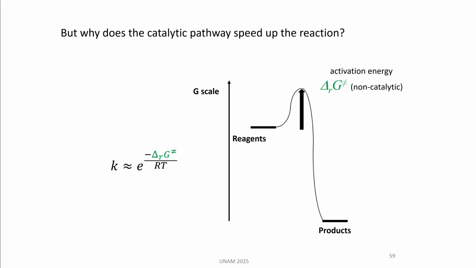That simply means the higher the activation barrier, the slower the reaction goes. And now, why does the catalyst work? Simply because it will provide another reaction path here, which has a lower activation energy: delta G of activation in the presence of the catalyst is smaller, and according to this relation, k will be higher and the kinetics will be more favorable.